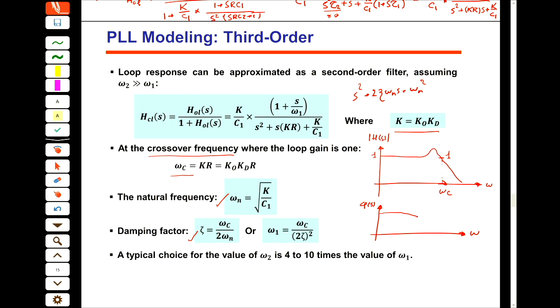So phi is 0 and then comes here. Here is minus 180, and then here is 0. We call this the phase margin.